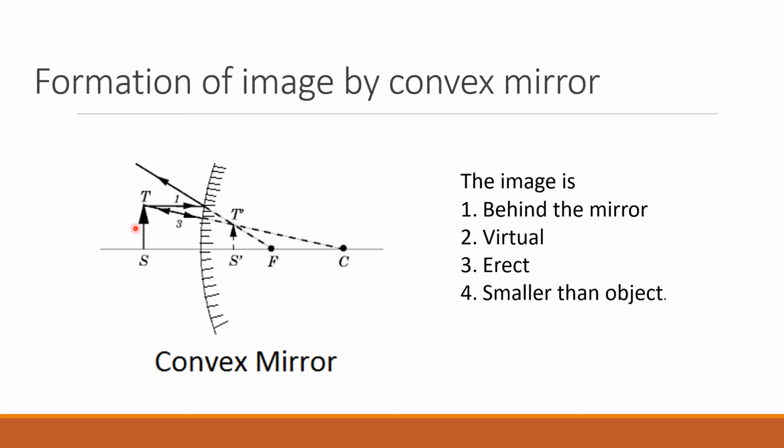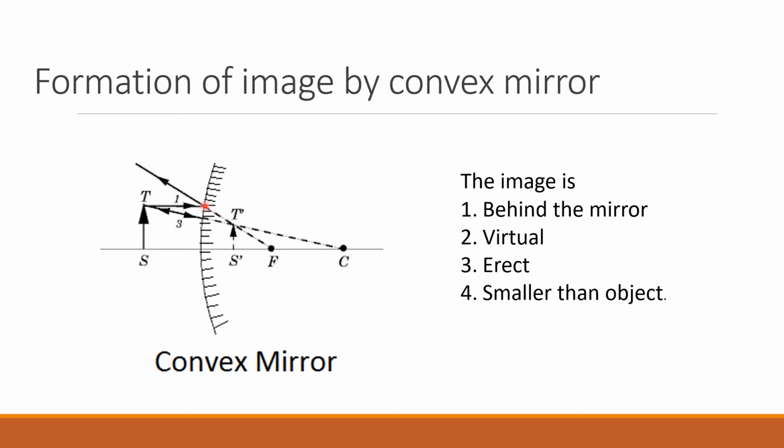Only one kind of image will be formed. Let's take a look at the kind of image. Suppose this is your object. Let us start with our first ray. It moves parallel to the principal axis, and after reflection, what happens? It diverges or it moves outwards.